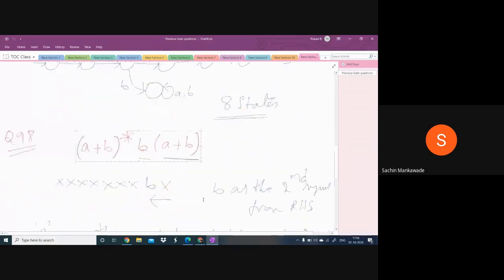Here, (A plus B) whole star is any combination of A and B. It can be epsilon, or only A's, or only B's, or any combination of A and B, then followed by this B, then after that A or B. So this will give all the strings having B as the second symbol from the right hand side. We did this question.